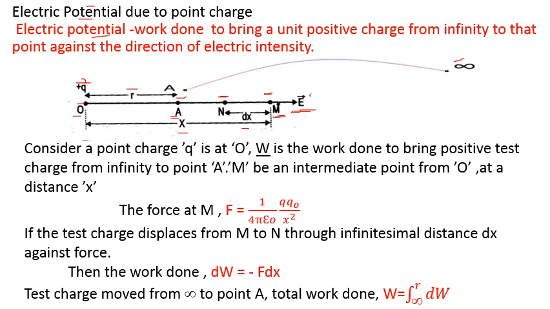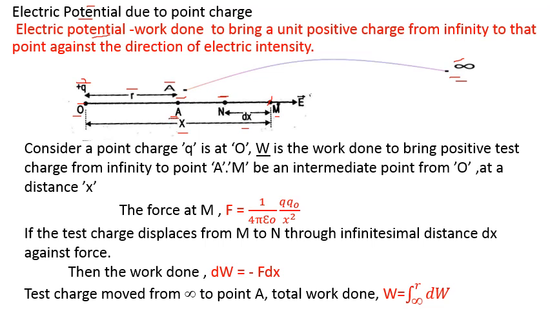When we bring this charge from infinity to point A, we consider that meanwhile this charge is taken at M and then displaced to N through a small displacement dx, and during this some work is done against this electric intensity or electric force. That work we have to find first, and then by integration we can find the total work done to bring the given charge from infinity to this particular point A.